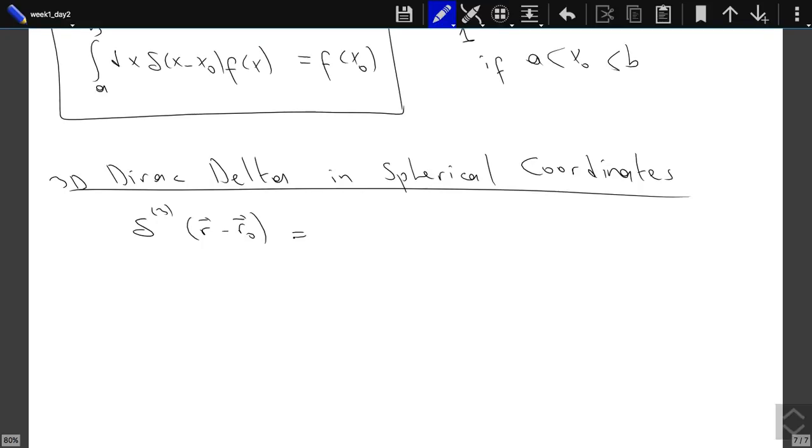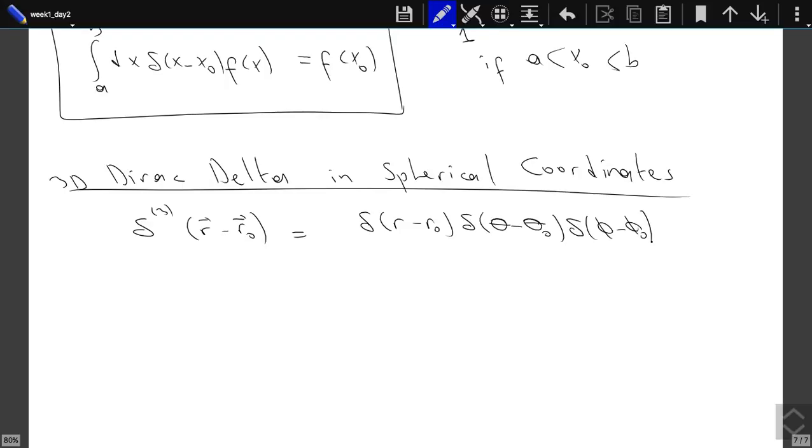So if r and r0 have the coordinates r minus r0, theta minus theta 0, phi minus phi 0. So we have to have these Dirac deltas, all three of them, to make sure that unless these two points are equal, the left-hand side is 0.